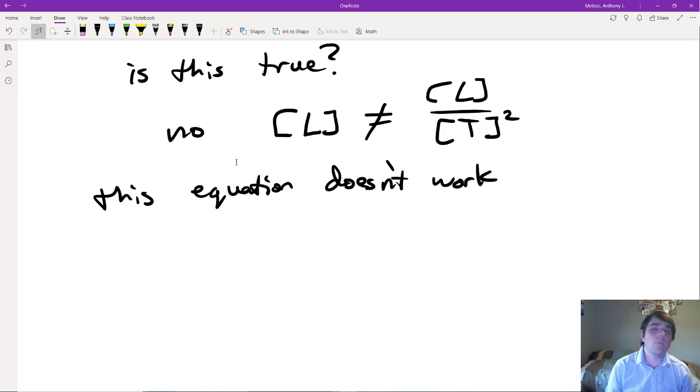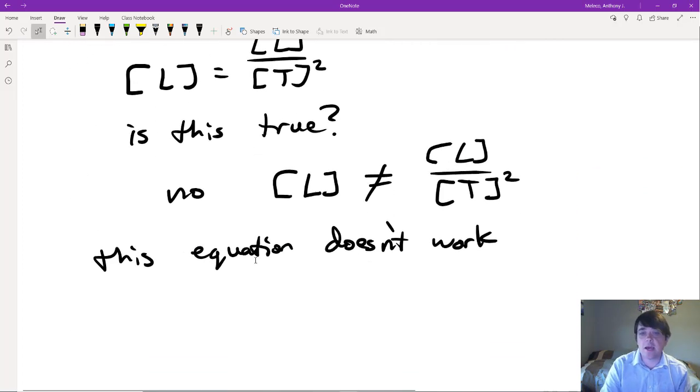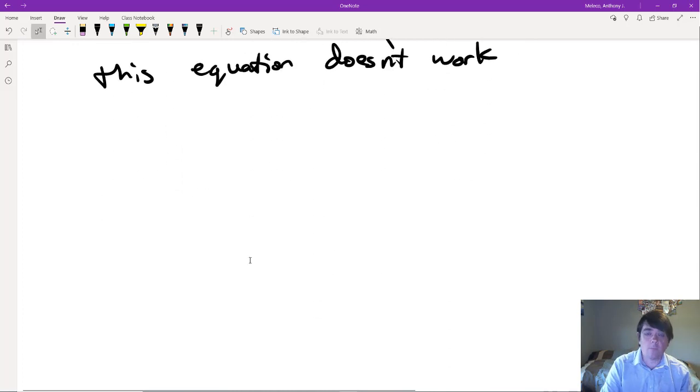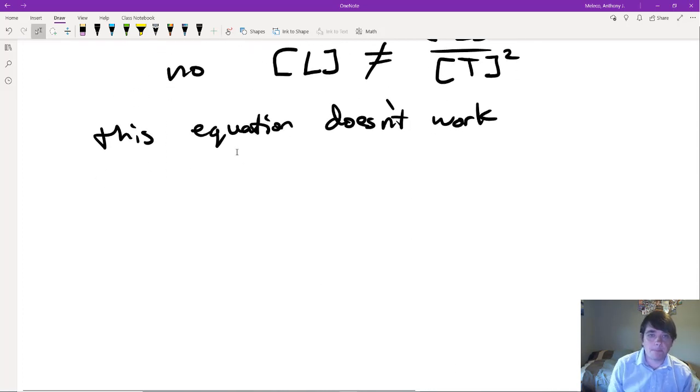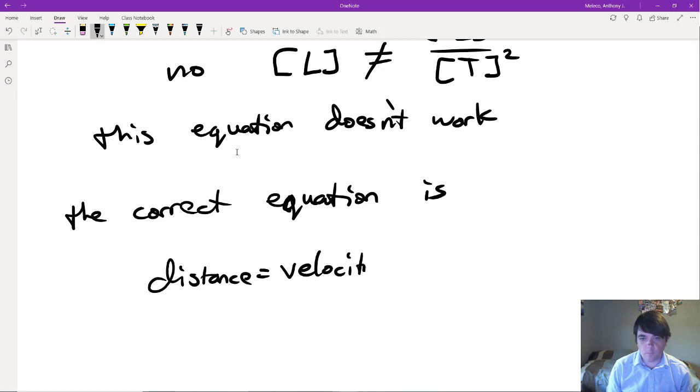If you were coming up with an equation in your head and trying to see whether distance equals velocity divided by time, you could say no, it does not. But the correct equation is distance equals velocity times time.